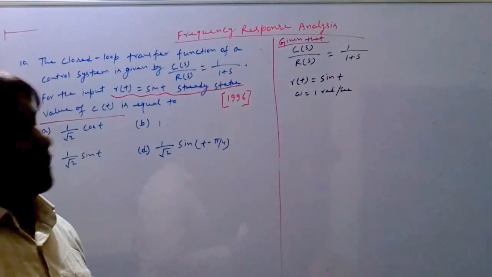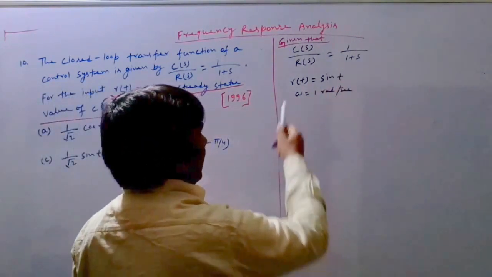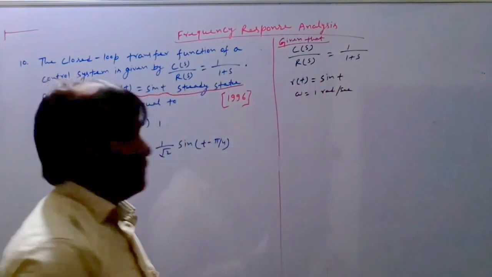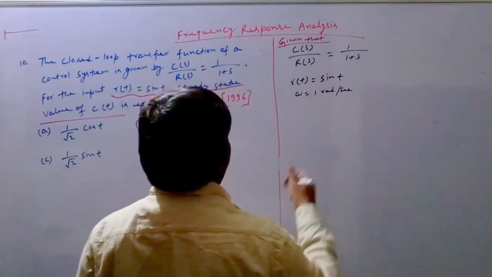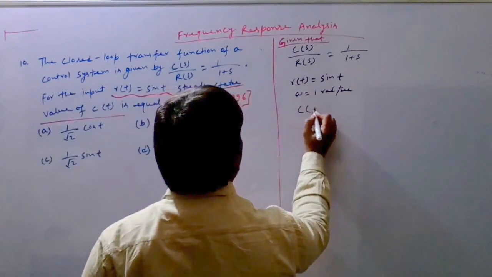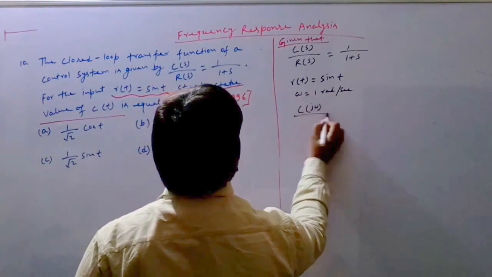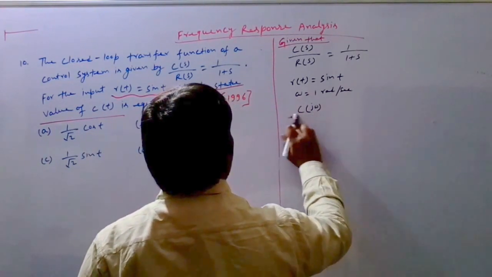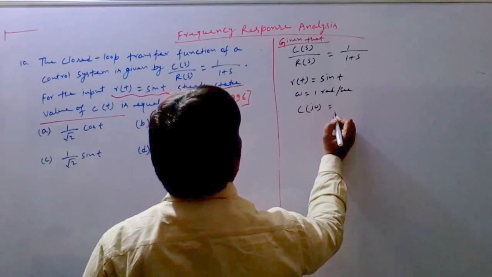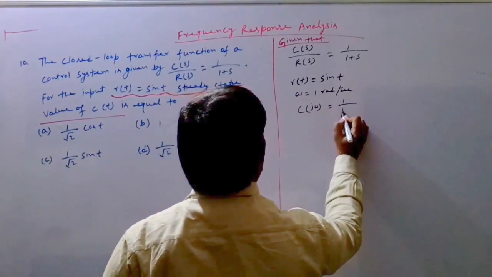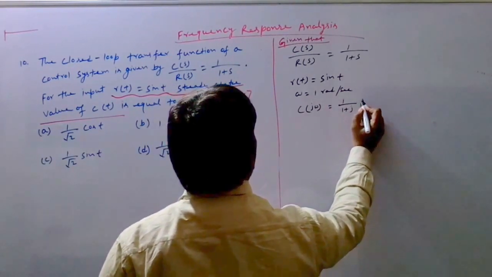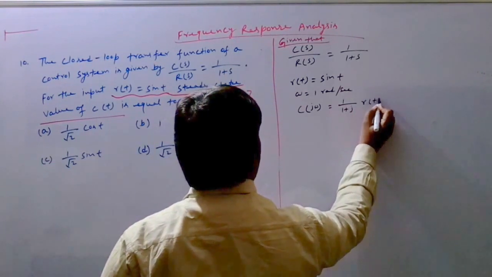Now if we replace this s by j omega, then how much will it give? C(j omega) by R(j omega) will be equal to 1 by 1 plus j multiplied by omega.